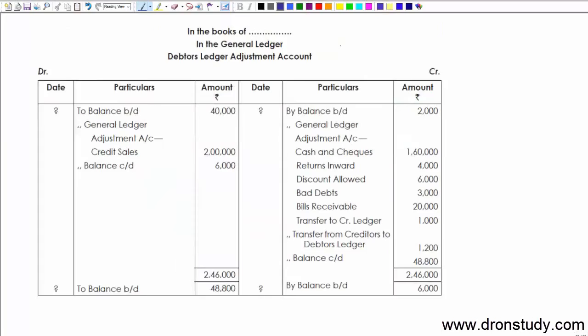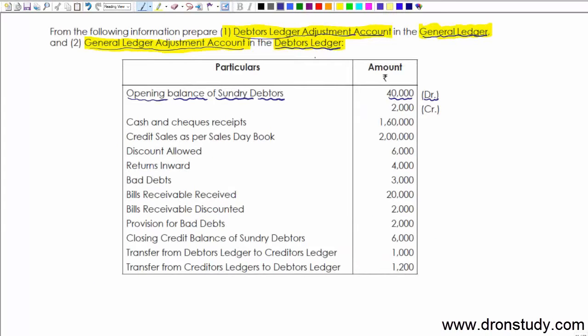First in general ledger, the debtors ledger adjustment account is as good as debtors, and we say the opening balance of sundry debtors is 40,000. It means your debtors ledger adjustment account will have opening balance of 40,000, and since that account is very similar to debtors, that account will have its opening balance on the debit side.